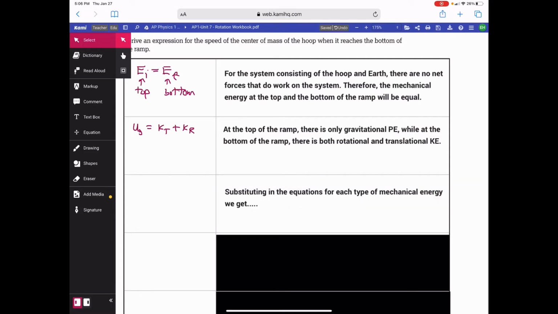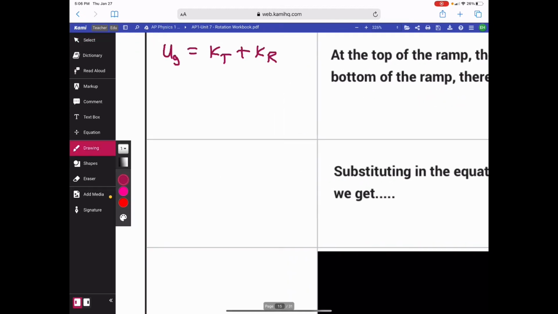Substituting for the types of energy, we get mgh equals 1/2 mv squared plus, and the rotational equation is 1/2 I omega squared.